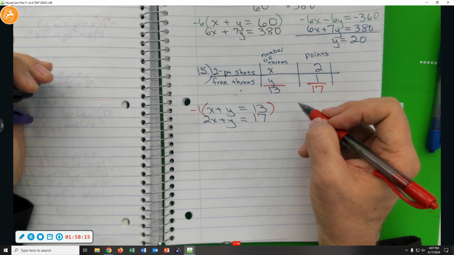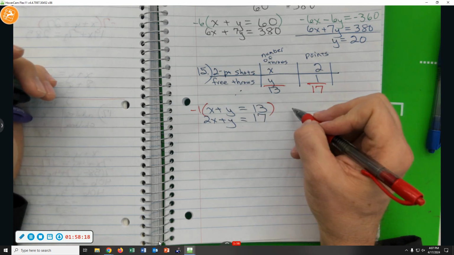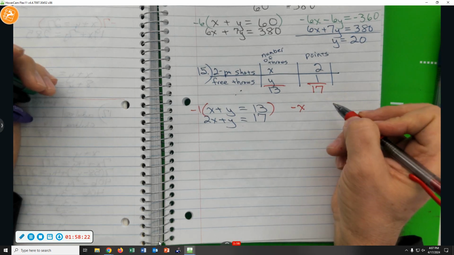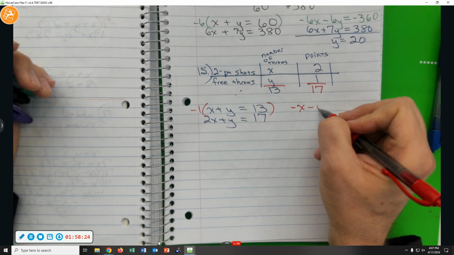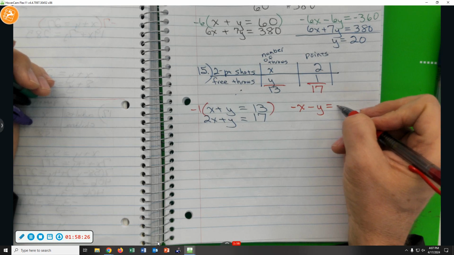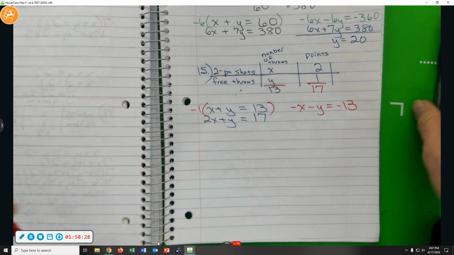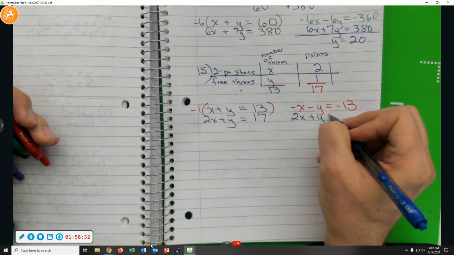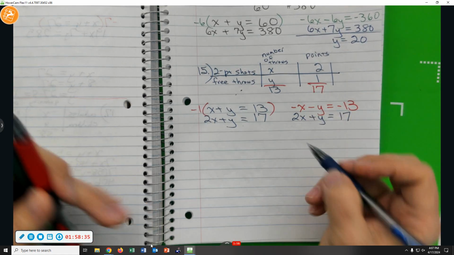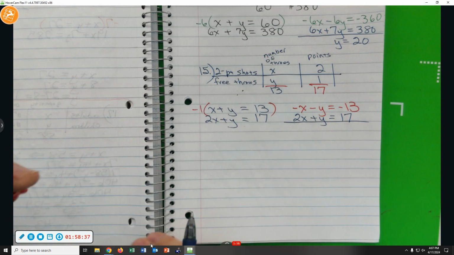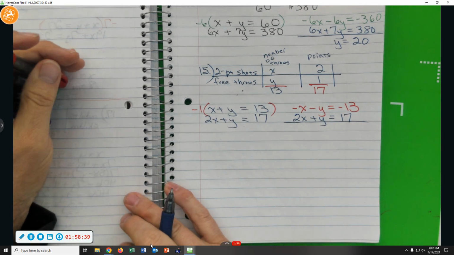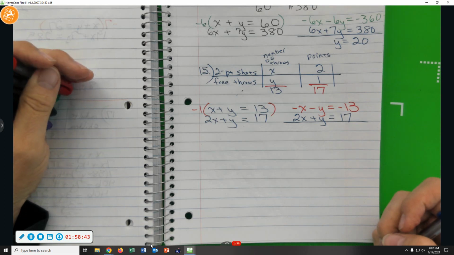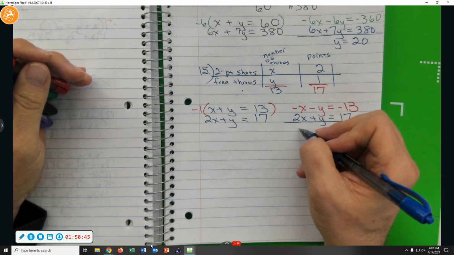Multiply that top equation by -1, so the first equation becomes -1x minus y equals -13. The second stays 2x plus y equals 17. Add the two together. -1x plus 2x gives me 1x.